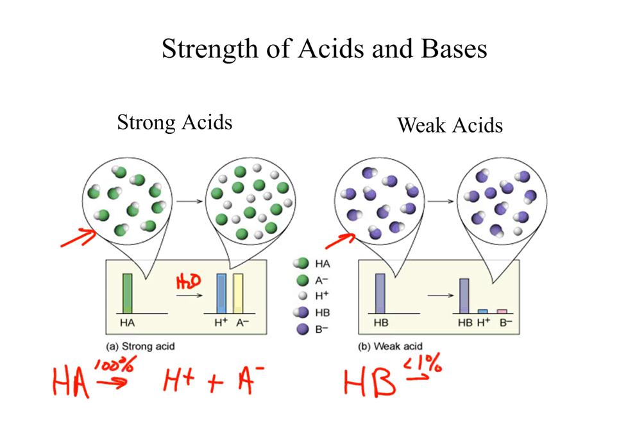So it would be the characteristic of a weak acid to H+ plus B-. And again, you can see that in the two pictures that are presented here, where all of them have separated versus a situation where most of them have stayed together and very few actually break apart. Again, less than 1%.